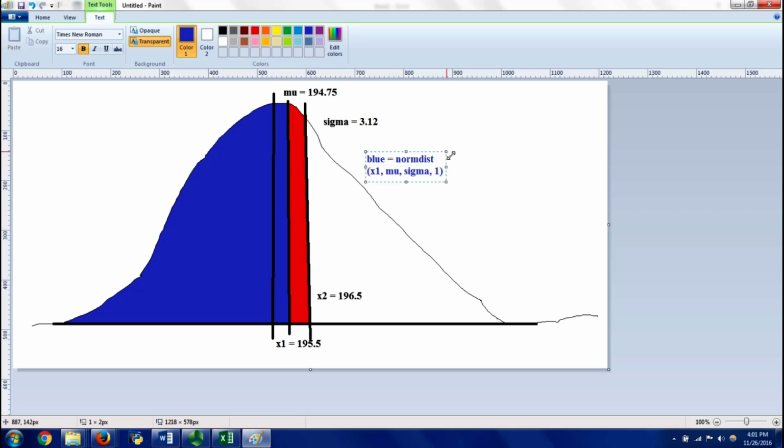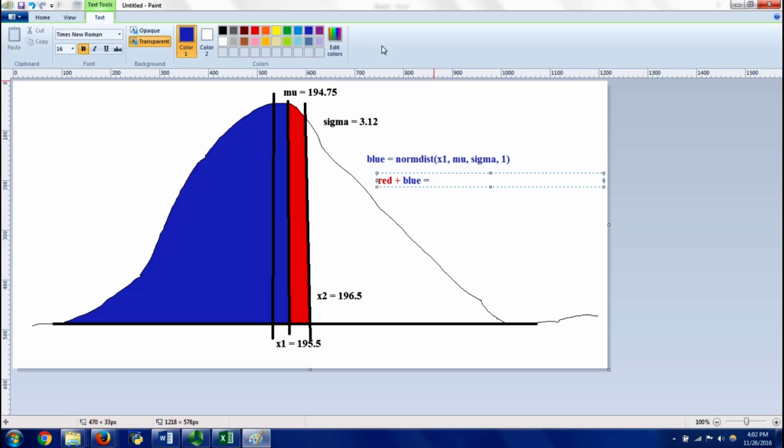Those are the arguments you give it, and that's the blue area. The blue plus red, red plus blue, is the norm dist for x2, the higher value.